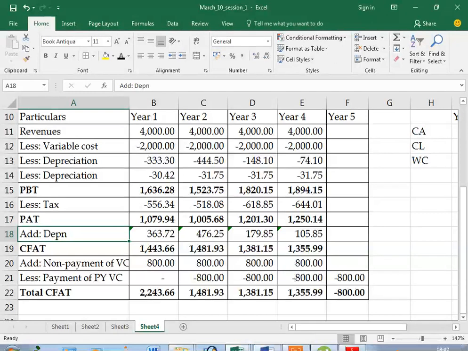This project is not a 4-year project, it's a 5-year project from a cash flow point of view. Calculate the terminal flow.